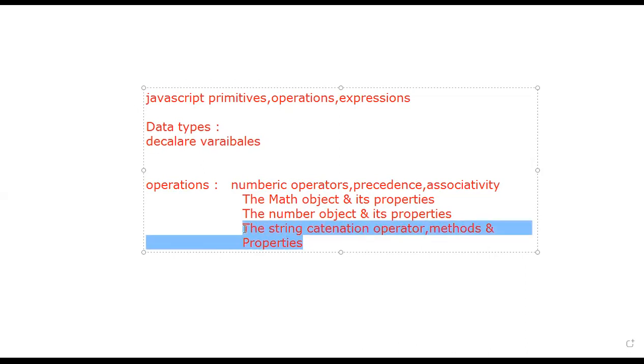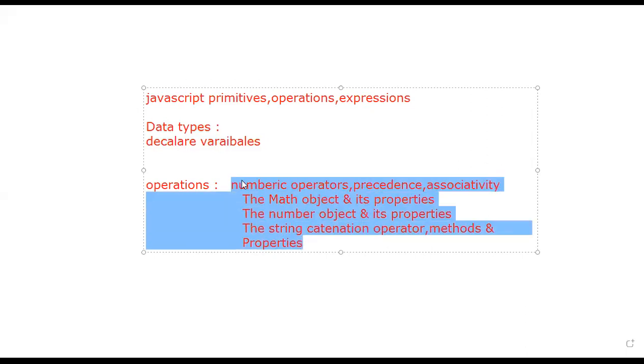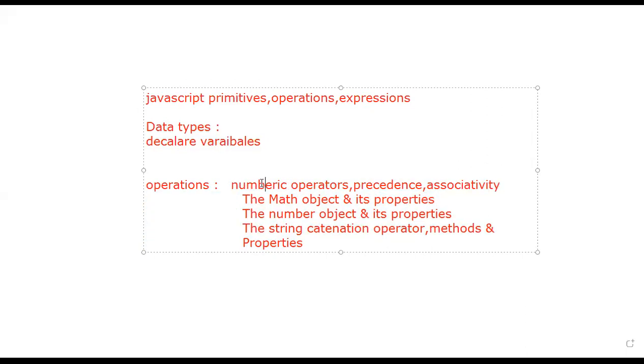We will cover this part today, and tomorrow we will go for expressions. They may ask a 10 marks question: explain JavaScript primitives, operations and expressions. Then you have to explain all data types, declaring variables, numeric operators, math object, number object and string catenation operator and its properties. Is it clear?